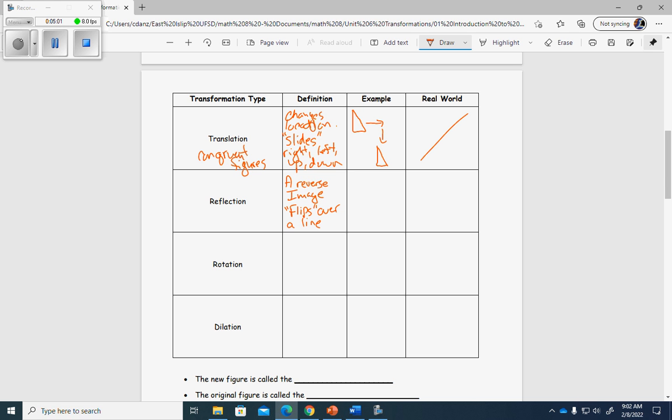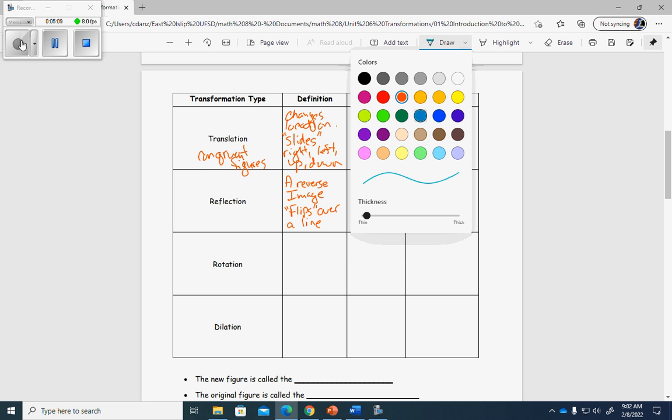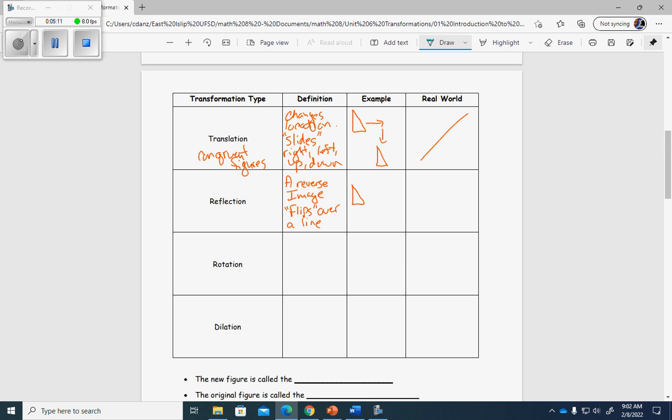So if I had a triangle here, and I have to give you a line of reflection. I'm going to give you a vertical line to reflect over. So that's my line of reflection.